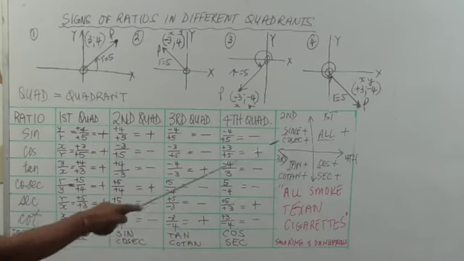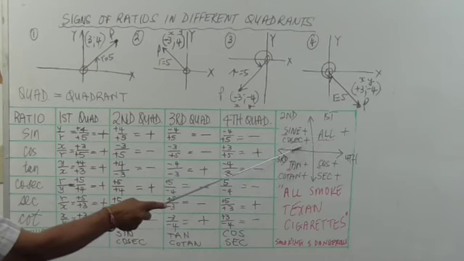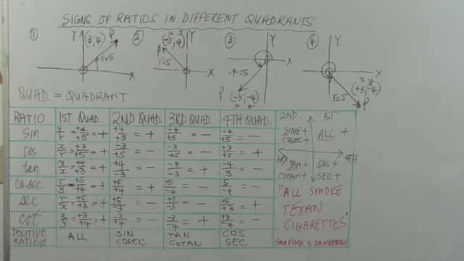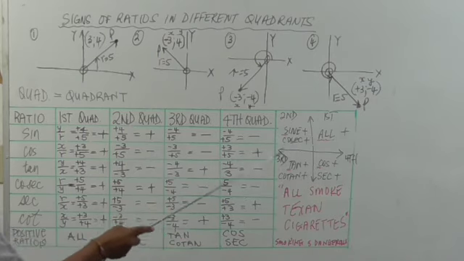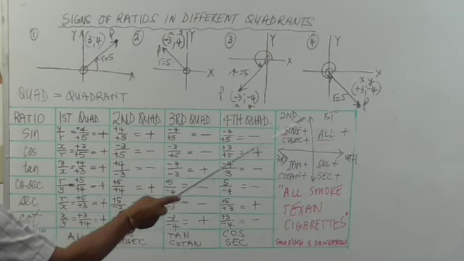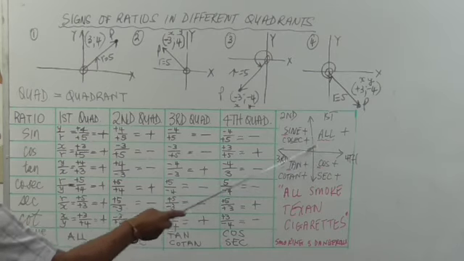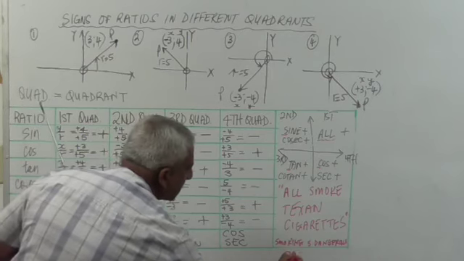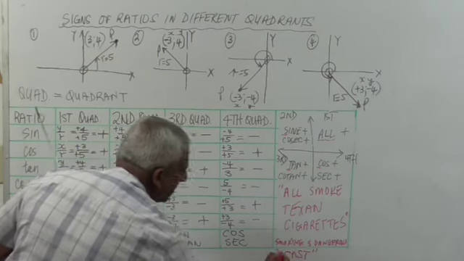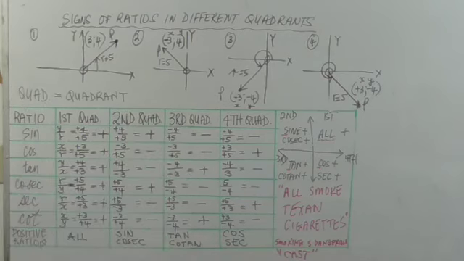Some teachers call this a CAST diagram, C-A-S-T, using all these letters here. So sometimes a teacher can tell you, draw the CAST diagram. That's what they mean.